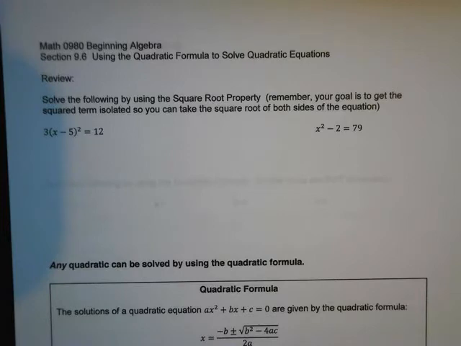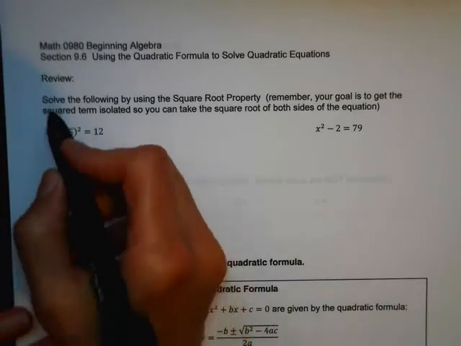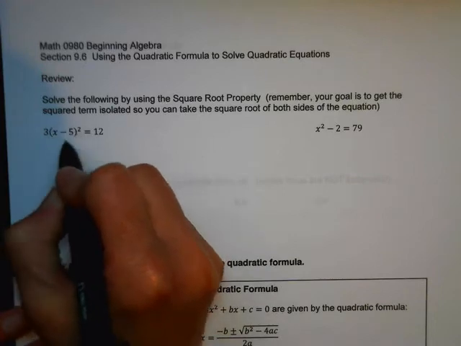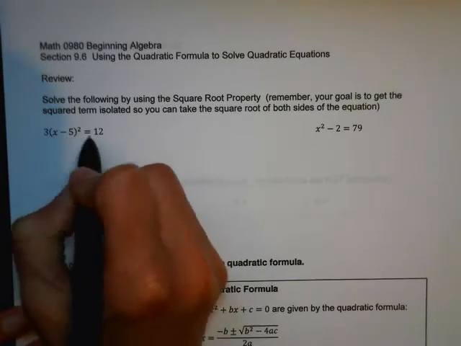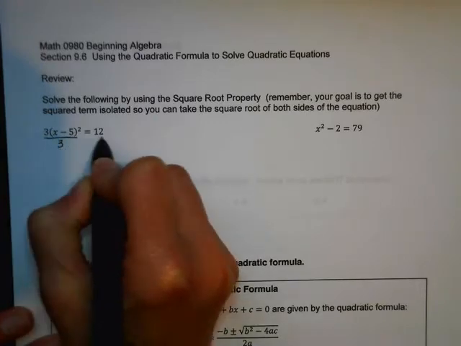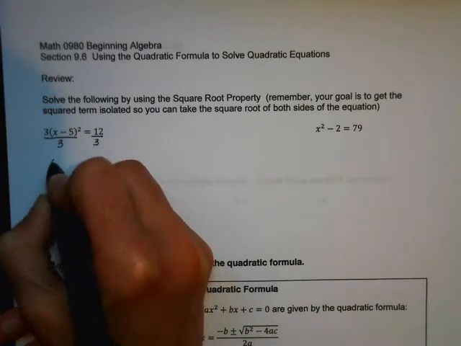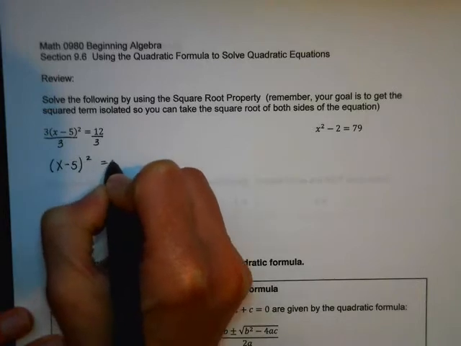All right, so the square root property says that you can isolate the squared term, and that's going to have an x in it, and then no other terms will have an x in it. So we can isolate this term that has the squared by dividing both sides by 3. Okay, and then it's all about undoing operations.